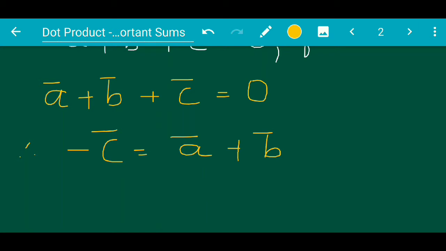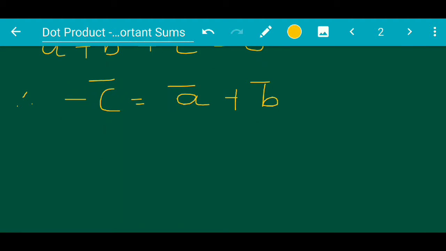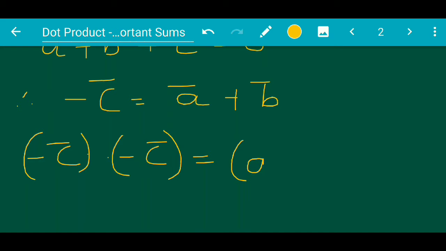If this is the case, then we can also write minus C bar dot minus C bar, okay, so minus C dot minus C, if we multiply with the same vector on both the sides, it means the same thing, is equal to A plus B dot A plus B.